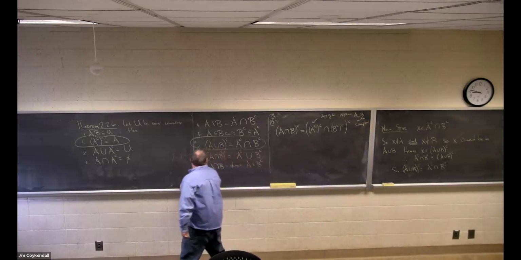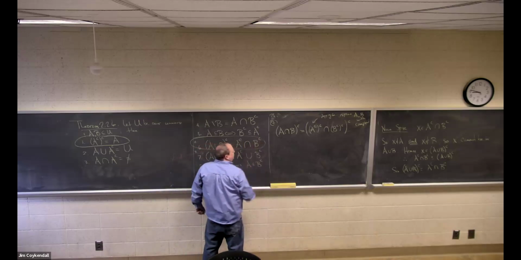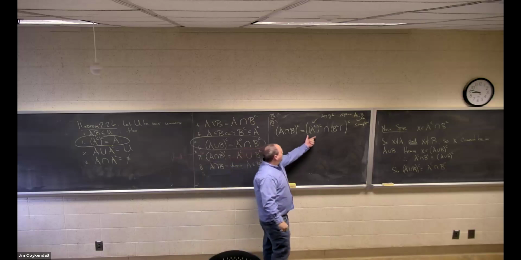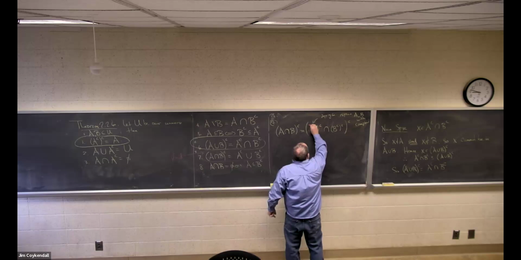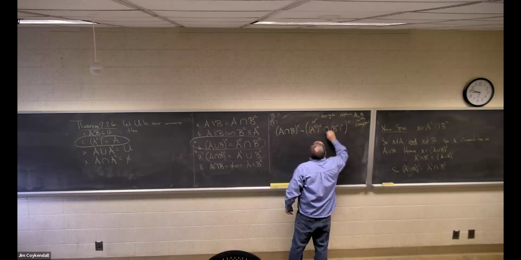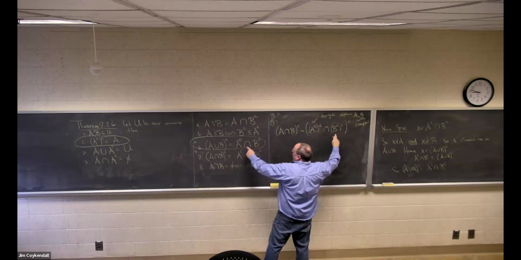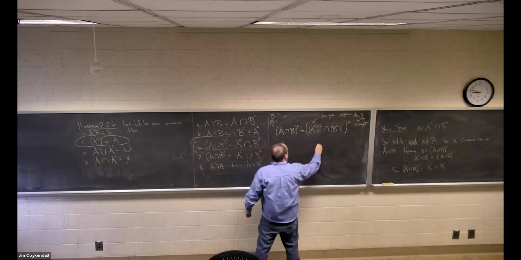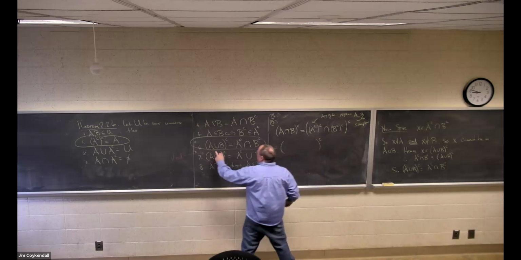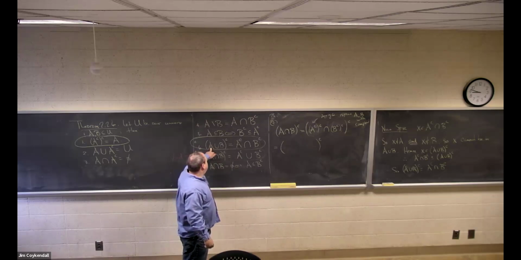So here, in number 6, what it says is that if I have something complement intersect something complement, well, that's A complement and B complement here. Replace A with A complement, I've got intersection B with B complement. This should be something complemented. And this should be what?